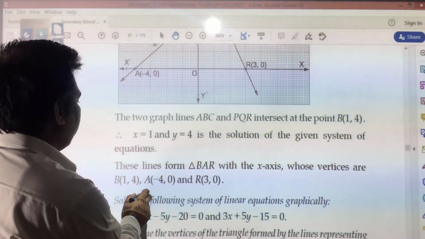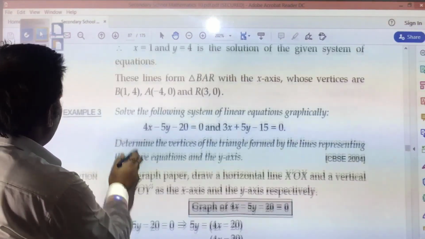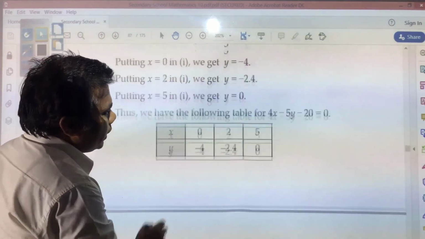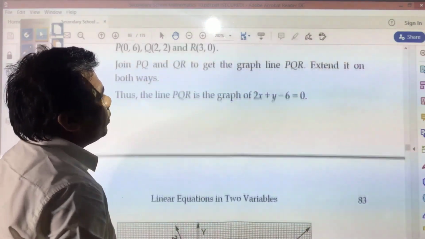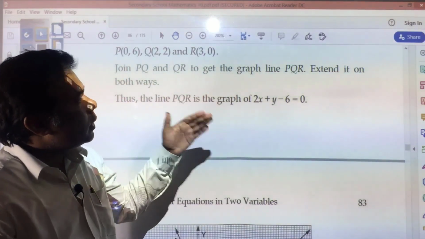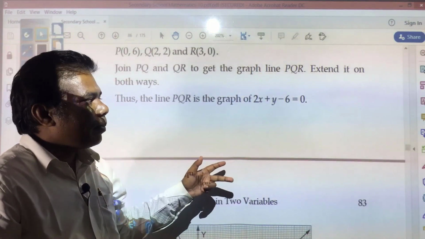I hope up to here you have understood, and for the rest of the examples we will see next day. But up to here, whatever discussion has been made, try to understand properly, go through properly and practice. At least 2 examples have been given.